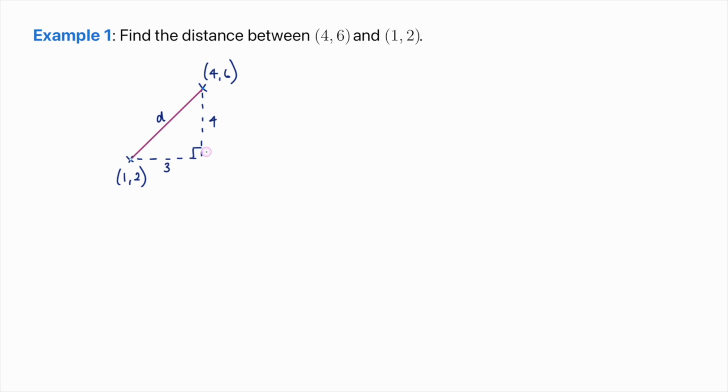Now what you should be used to doing, or should try and get used to doing, is just quoting the formula. So the distance D is given by the square root of (x2 minus x1) squared plus (y2 minus y1) squared.